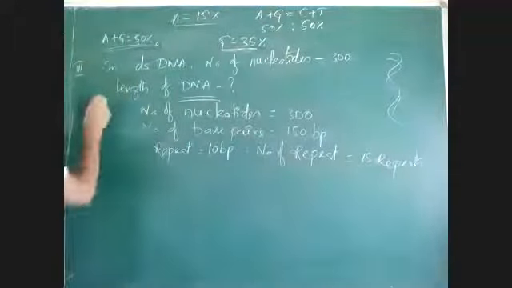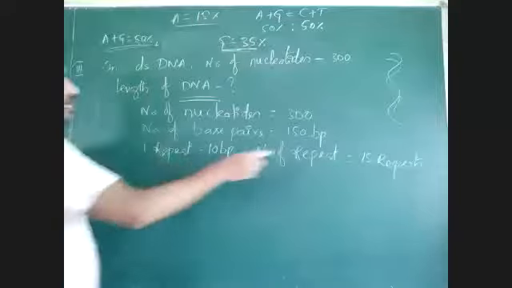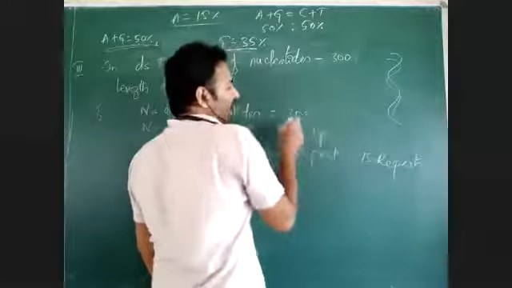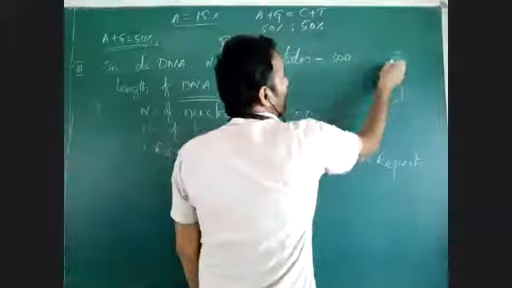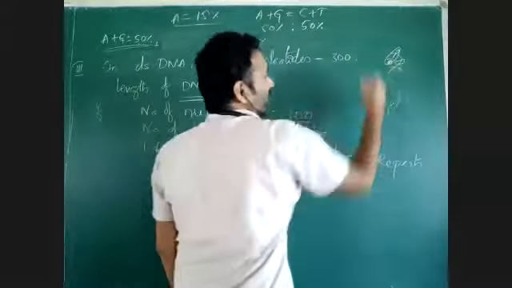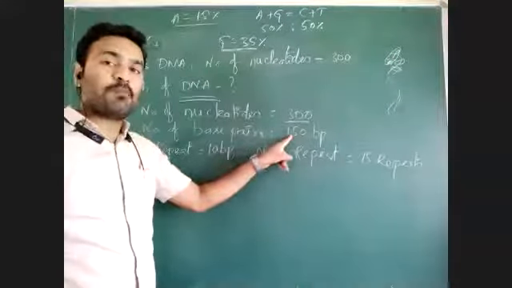In a double-stranded DNA, 300 nucleotides length is there. In the 300 nucleotides, not base pairs. As 300 nucleotides are there, so number of base pairs, adenine, thymine pair like this. So that base pairs will be 50. 150, sorry. 150 base pairs will be there.